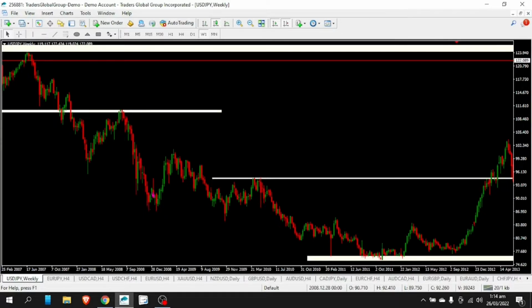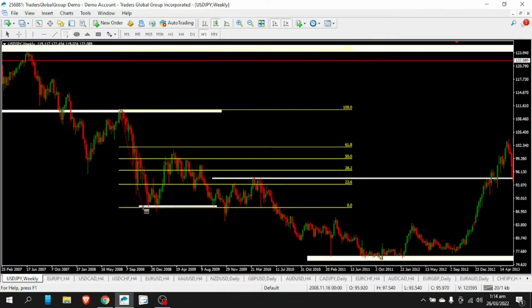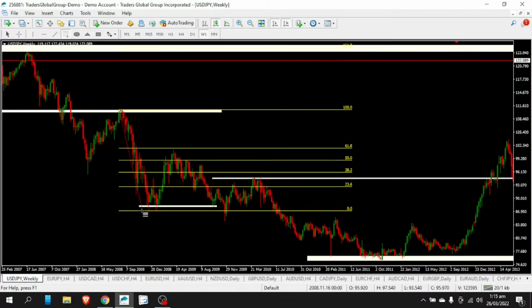You take a look at this level here, you can see that it has given us a double bottom chart pattern, and here is a support level. In order to know how far price will pull back from this level, go back up, pick your tool again, click from the highest point that you want, back down to the lowest point.